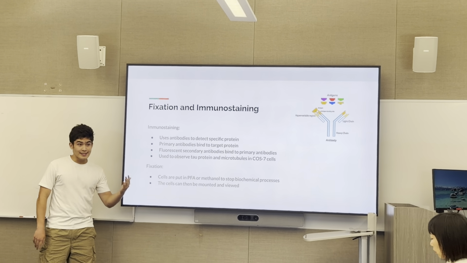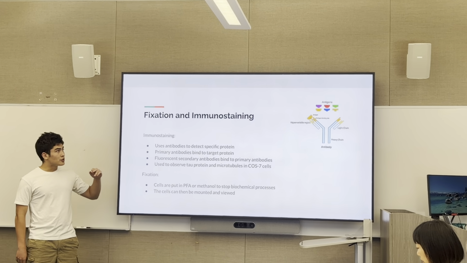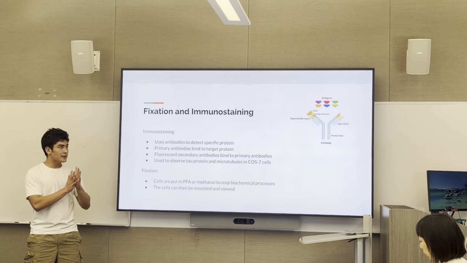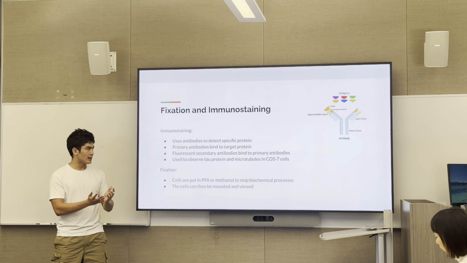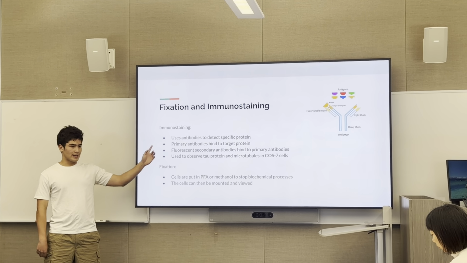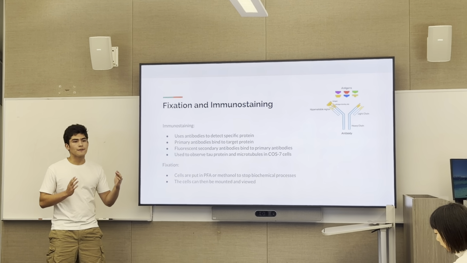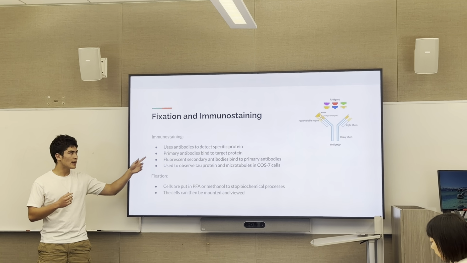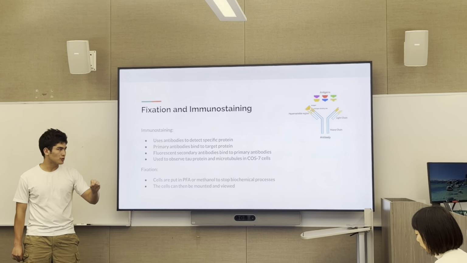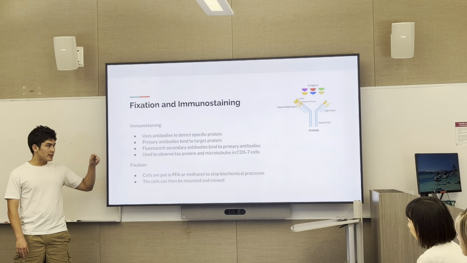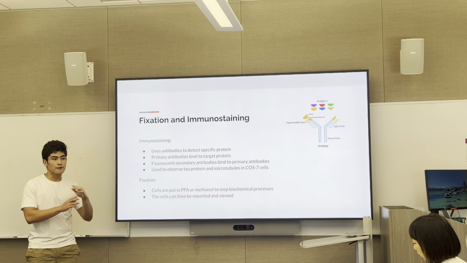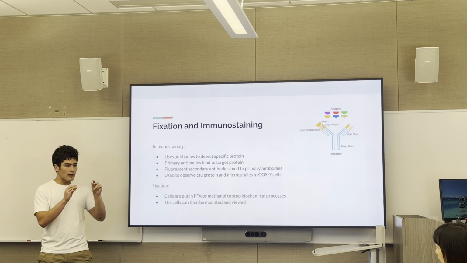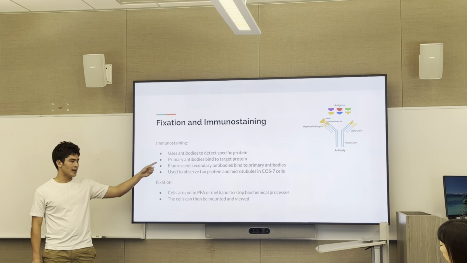But in order to actually see anything under the microscope, we need to do immunostaining. What is that? It's where we use antibodies to identify certain proteins in those cells. We use primary antibodies, which are antibodies from an organism other than the host organism for these cells that bind to this specific protein. Next, we use a second type of antibody with a fluorescent tag on it that searches for antibodies from the organism that the primary antibody is from.